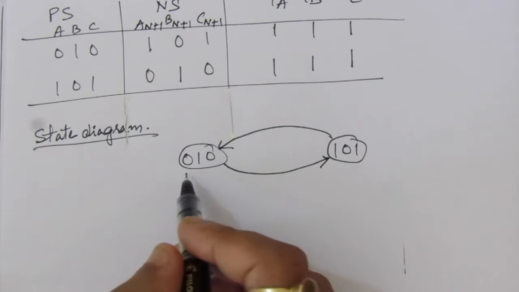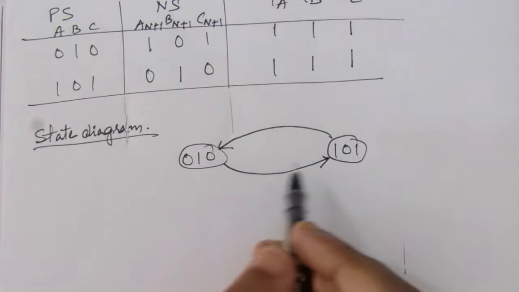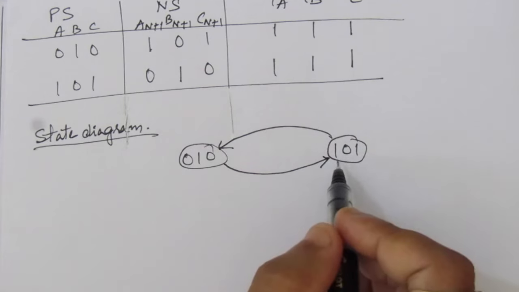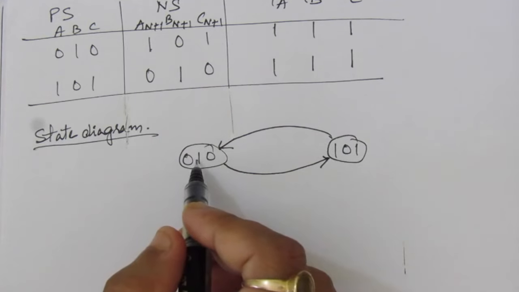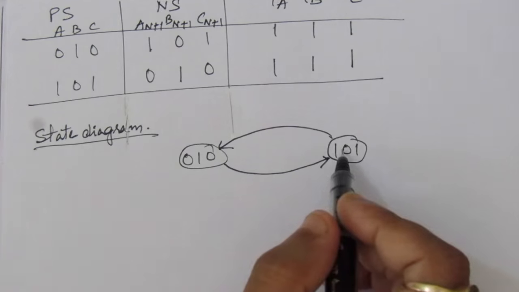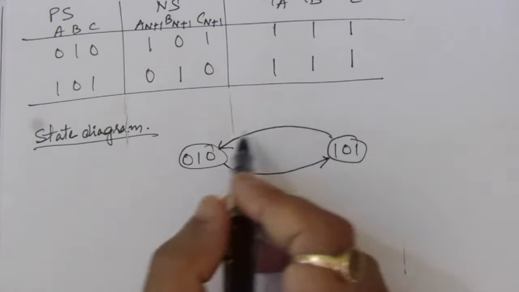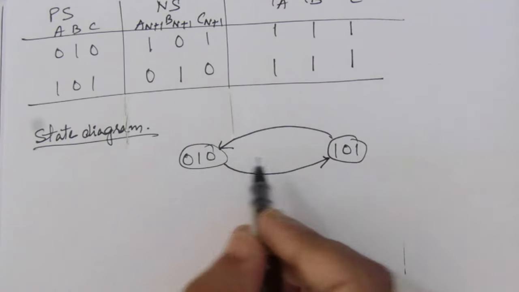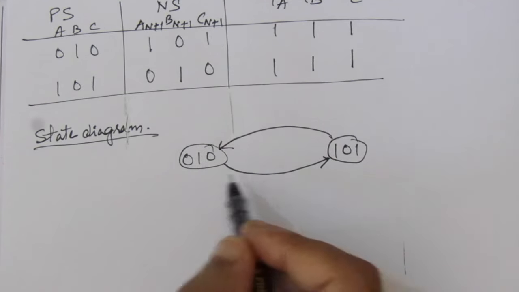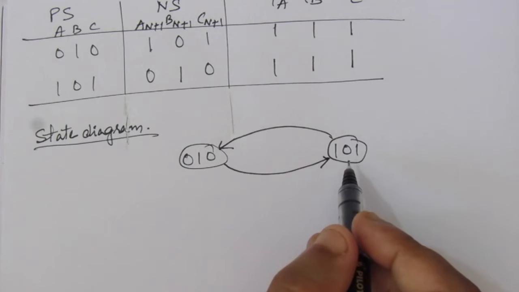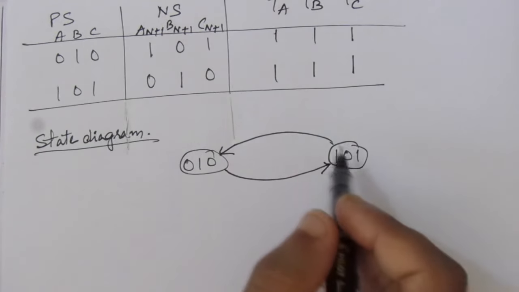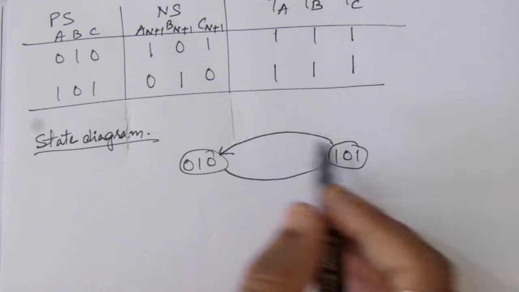This means whenever we have 0, 1, 0 as the present state, the next state is 1, 0, 1, and from this state it will again go to the other one. That means if any one of these outputs occurs at the counter output, it will keep repeating within themselves.